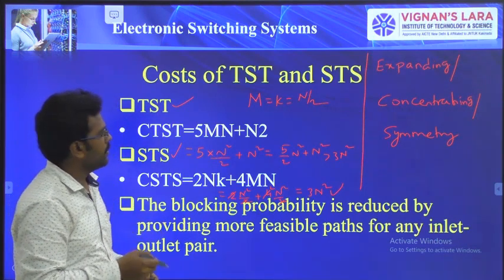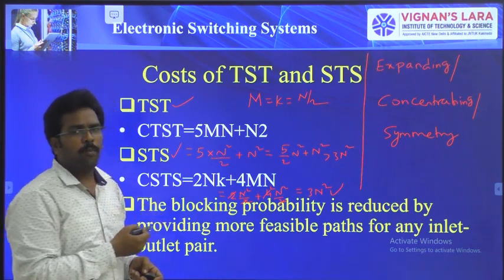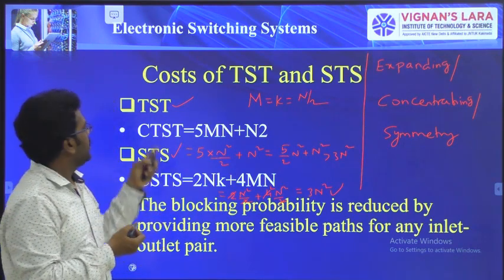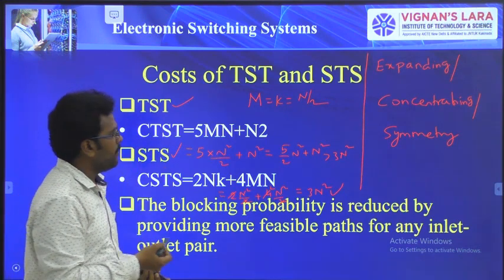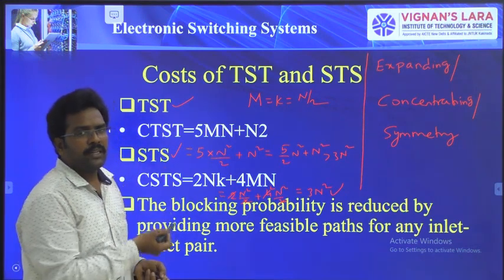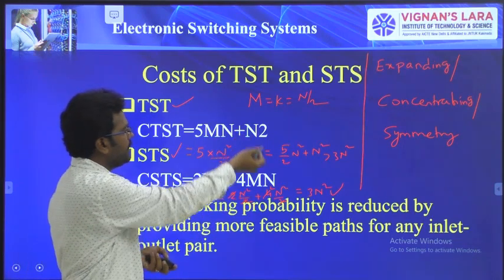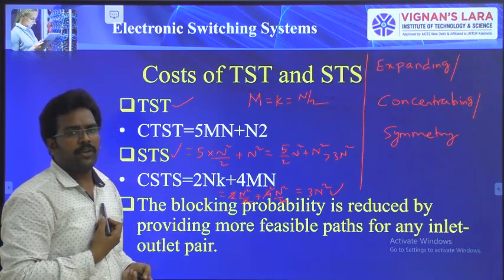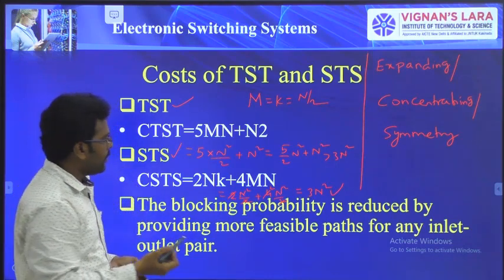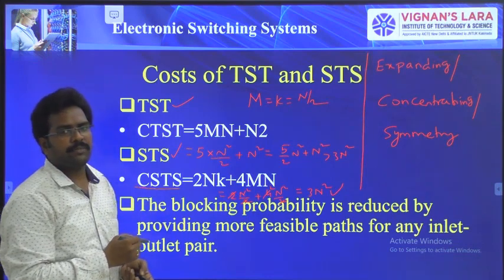Clear? So this is about a 3-stage combination switch which uses either STS or TST. Based upon the cost, you have to go for the appropriate structure. This is one example where I had taken a concentrating switch. If I want to design a concentrating switch, then definitely I have to choose this STS structure.